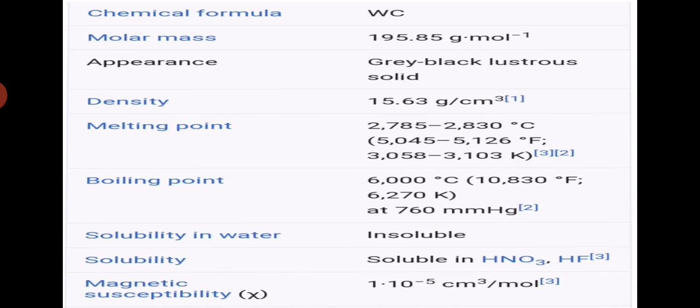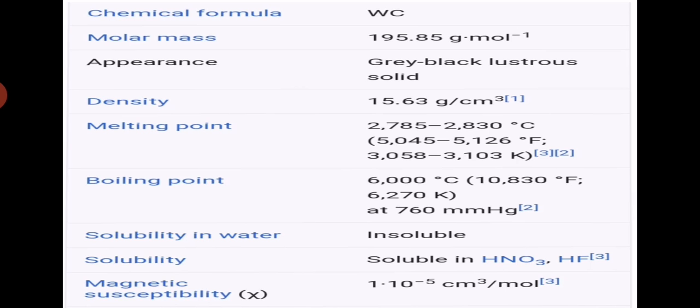When we convert to the Kelvin scale, the melting point of tungsten carbide is 3058 to 3103 Kelvin. And for the boiling point, it is approximately 6000 degrees Celsius.